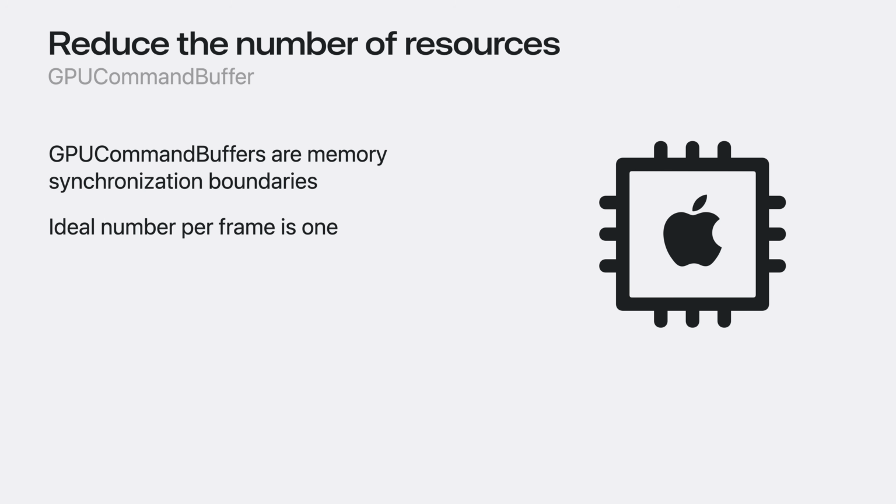If possible, use a single command buffer per update loop, or if that is not possible, a general good rule of thumb is that as few command buffers as possible should be used. Remember, it is only necessary to split command buffers when you require the data written back to unified memory. Usually, that's a rare occurrence.